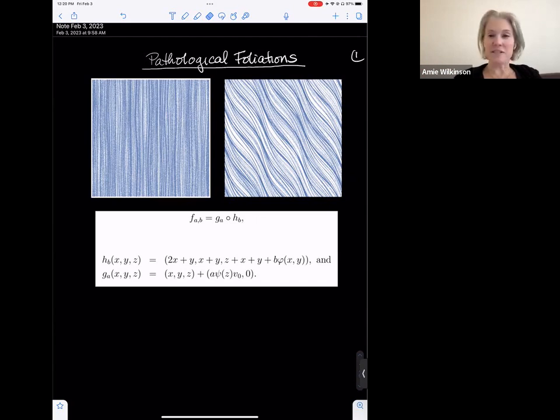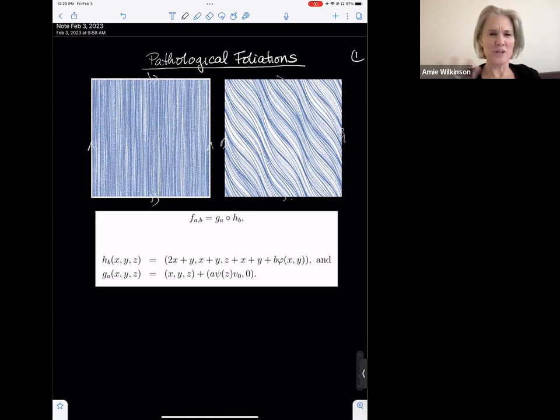So depicted here are foliations of the square. They're actually foliations of the torus, so I could identify opposite edges here, and everything would line up continuously nicely. So same here. So what is a foliation?